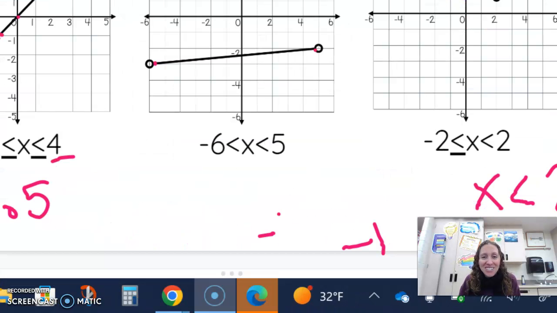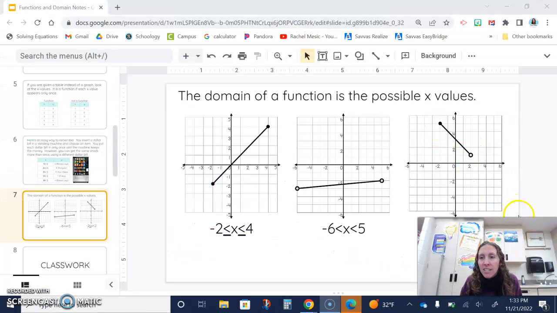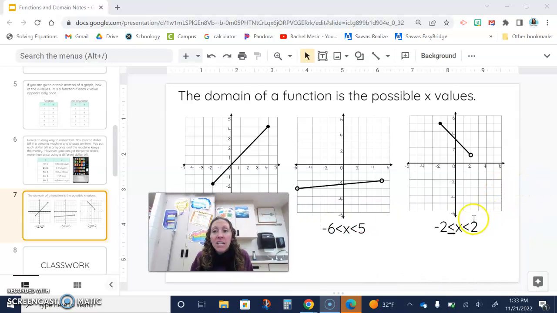Whoa, I don't know what just happened there. That was weird. I don't know how I zoomed in that far. Okay, so if it goes on forever and ever and ever, then it would just be like x is less than some number or x is greater than some number.